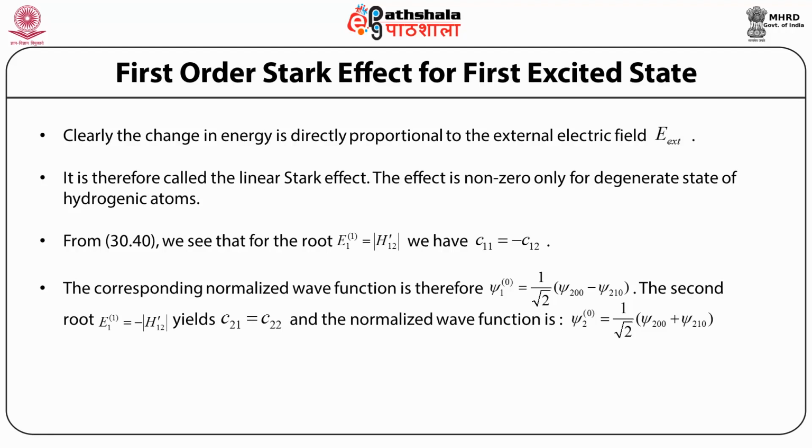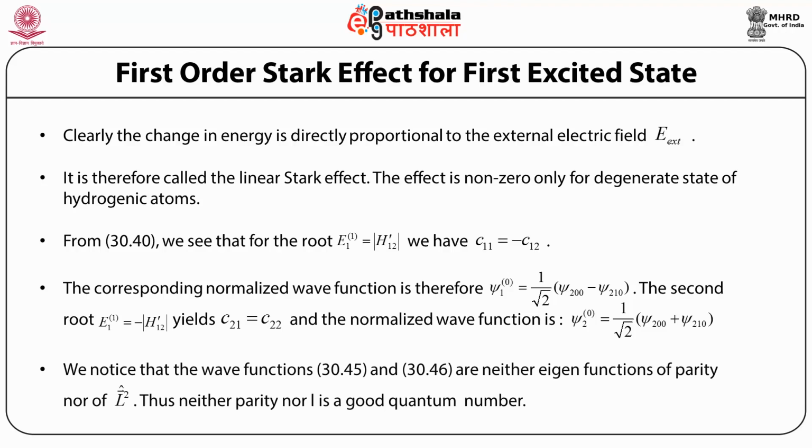The second root, E21 equal to minus the modulus of H12 prime, yields C21 equal to C22, and the normalized wave function is psi 20 equals 1 upon square root 2 times psi 200 plus psi 210. We notice that these wave functions are neither eigenfunctions of parity nor of L squared. Thus, neither parity nor L is a good quantum number.